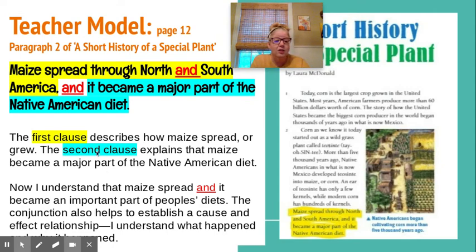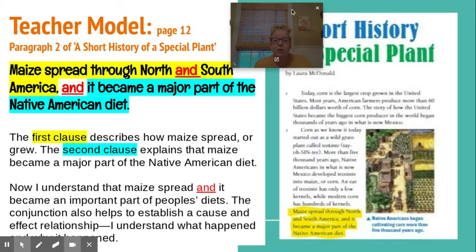The second clause, the one that's in the blue there, explains that maize became a major part of the Native American diet. So instead of having two separate sentences, maize spread through North and South America. It became a major part of the Native American diet. We can include this coordinating conjunction and make it one sentence.